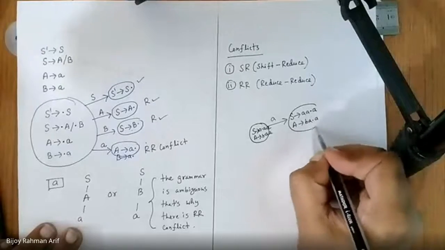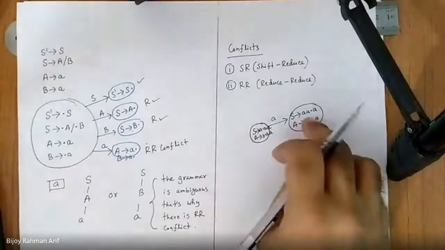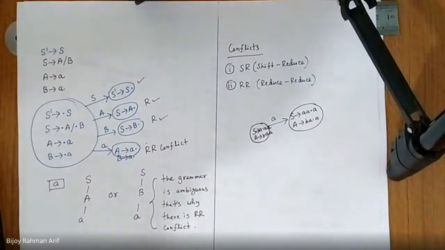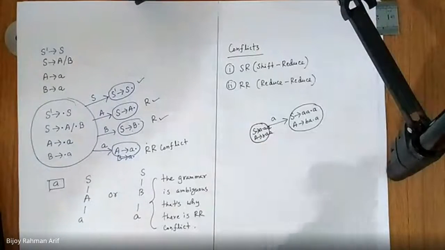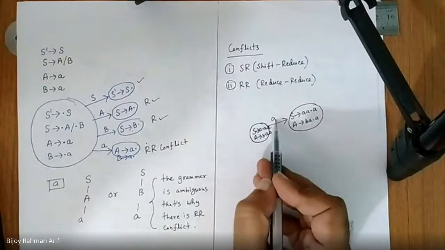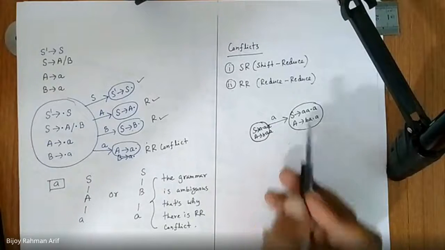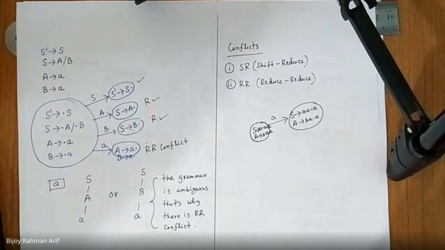Is there any reason for conflict over here? From this state, you shift, you go to that state. So why would there be a conflict? Why would there be multiple entries? Is it really possible? No, sir, it is not possible.